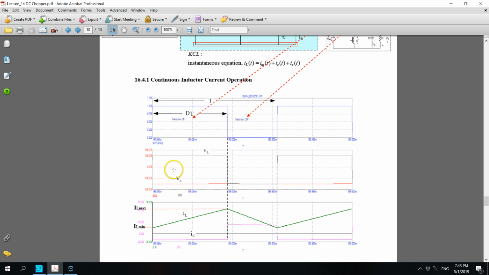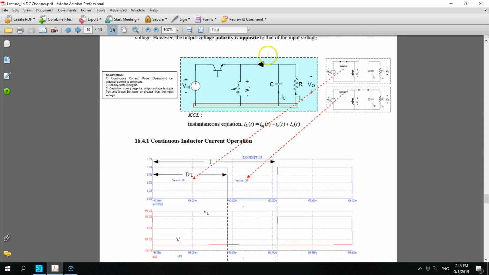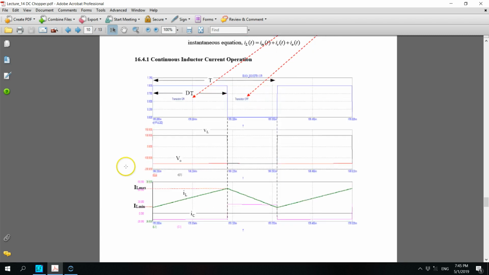That's why you see that it increases linearly from IL min to IL max: because of the positive voltage Vin impressed across the inductor.